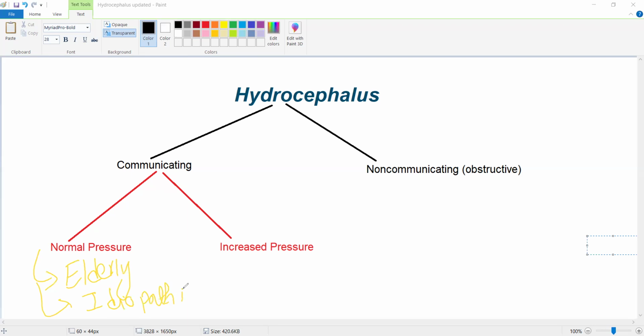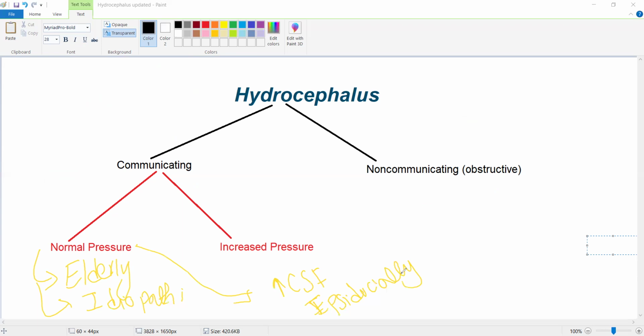The CSF pressure, or intracranial pressure, is increased episodically.